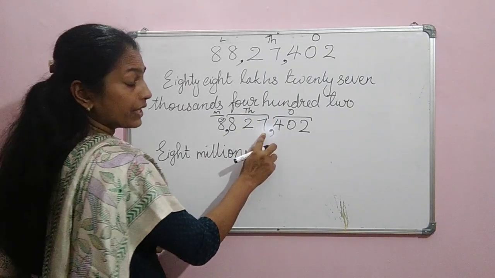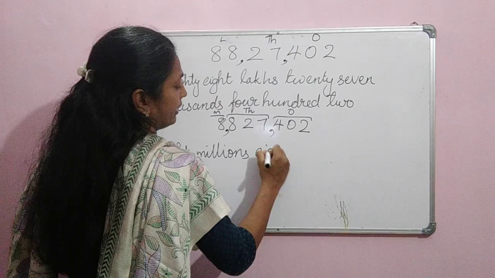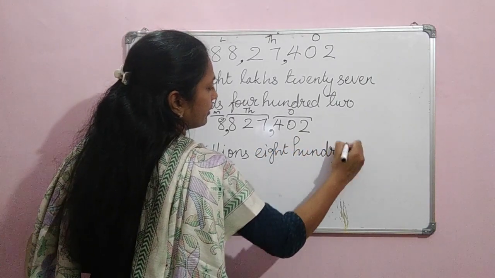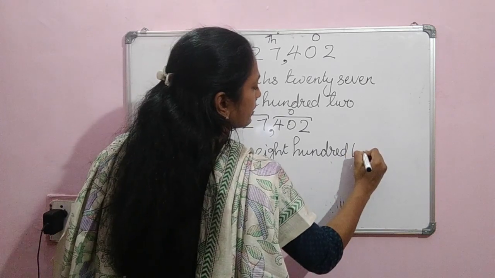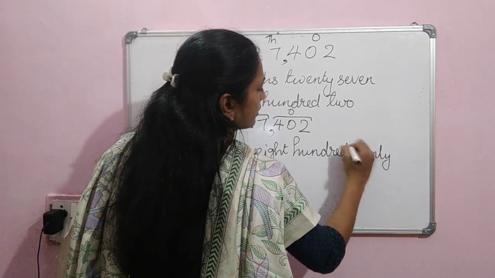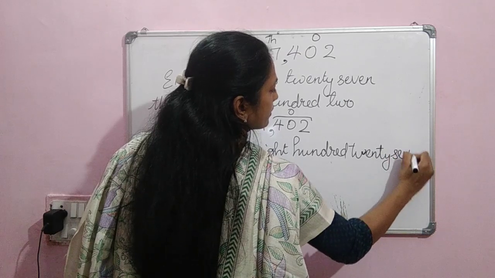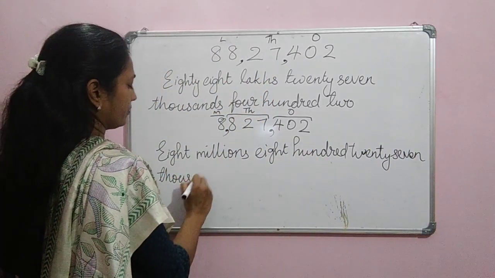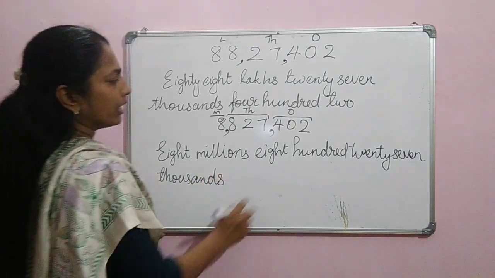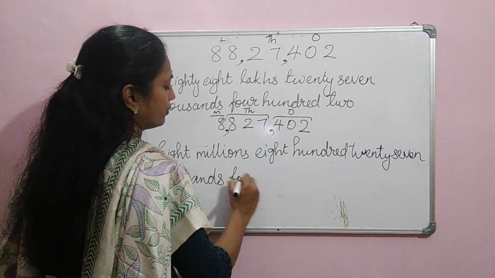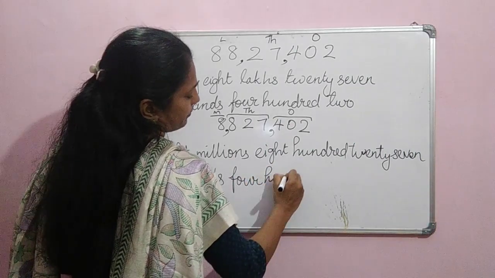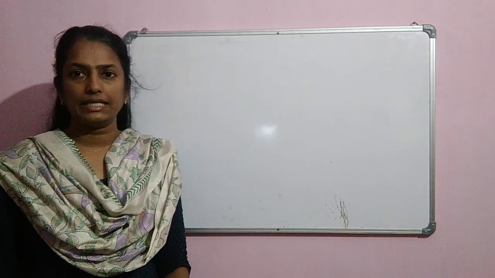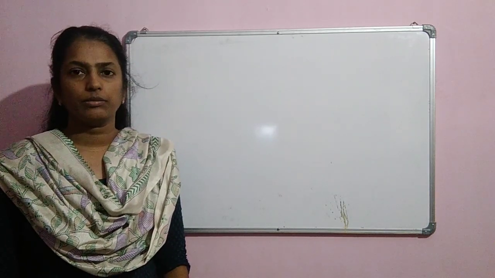Thousands group, 827 thousands. 27 thousands. And we have 402. So by putting commas, we can easily name the numbers. Let's see some more examples.